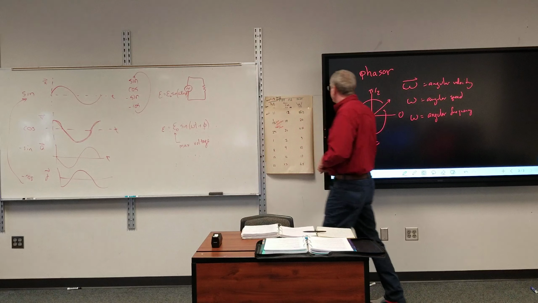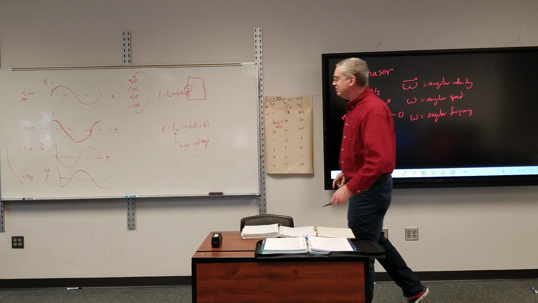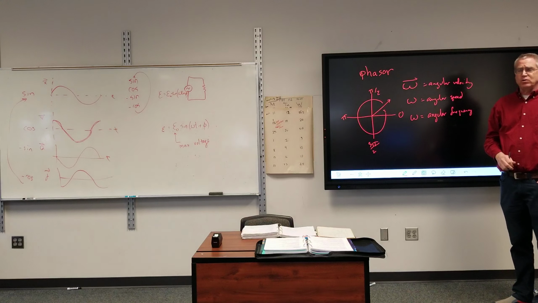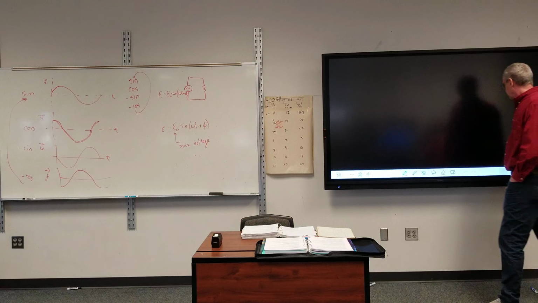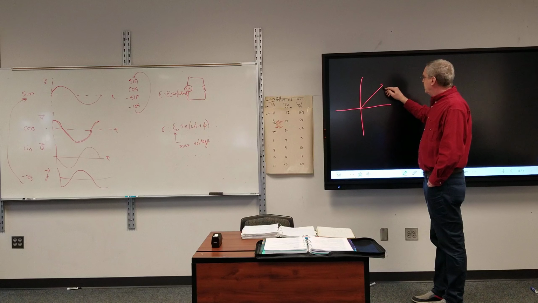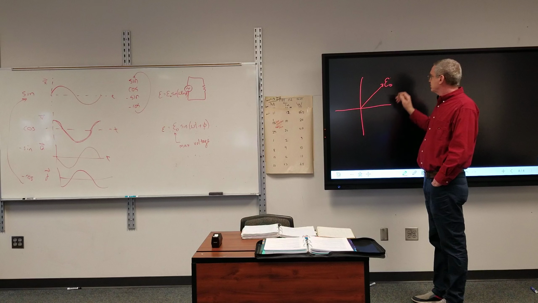In terms of phasors, that capital epsilon sub naught is the magnitude of the phasor. So if I mapped it out, the length of that represents epsilon sub naught.